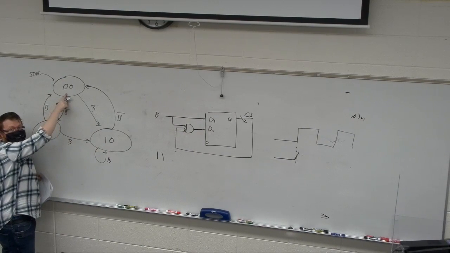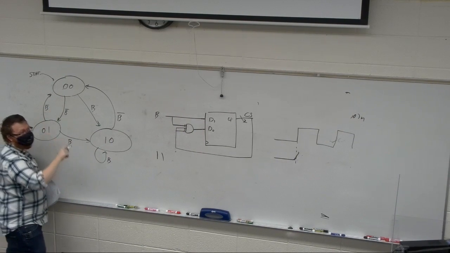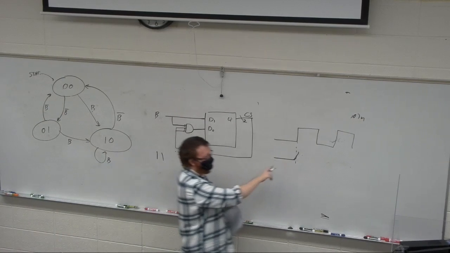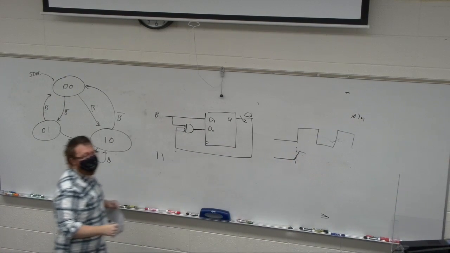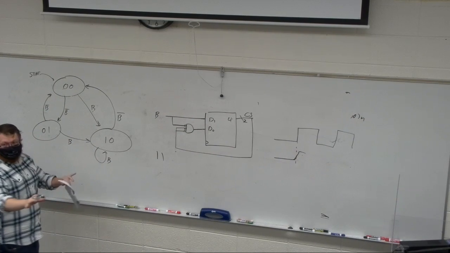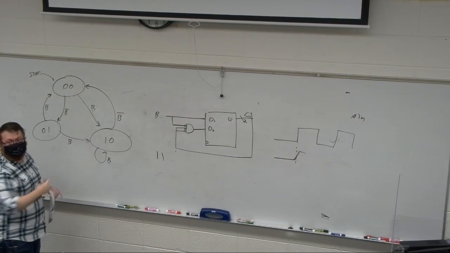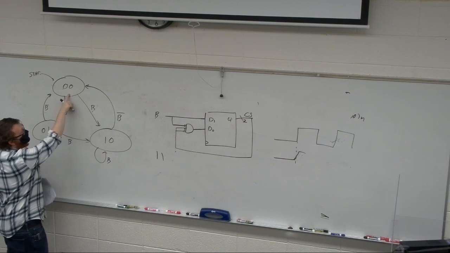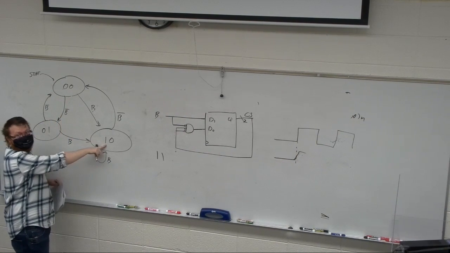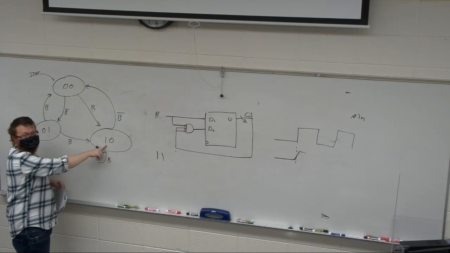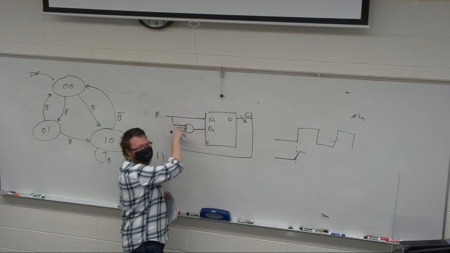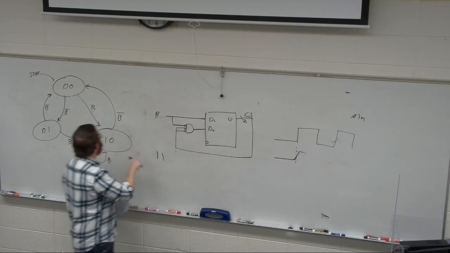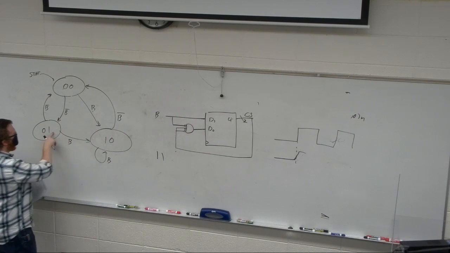I'll say that one more time. I'm in 0, 0. The clock hits at the same time I'm making this transition, right? So without any delay, essentially, because B is already there, D1 goes, oh, look, I need to go to 1. But there's a delay. So D0 doesn't yet know that B has changed. Oh, sorry.